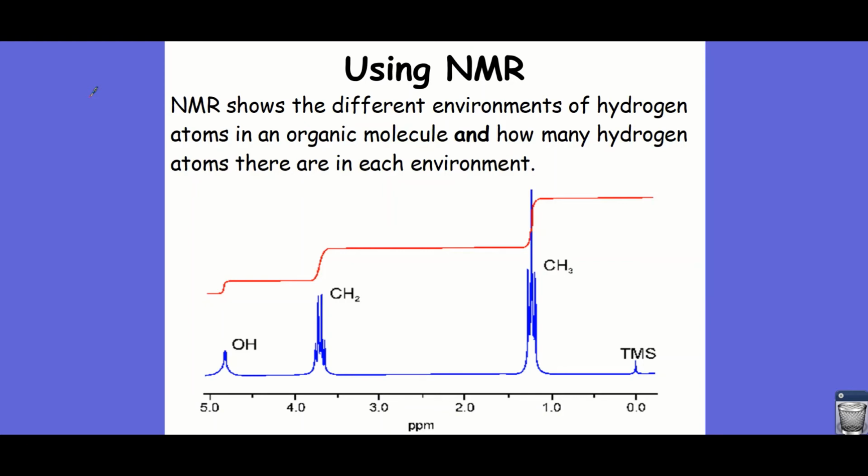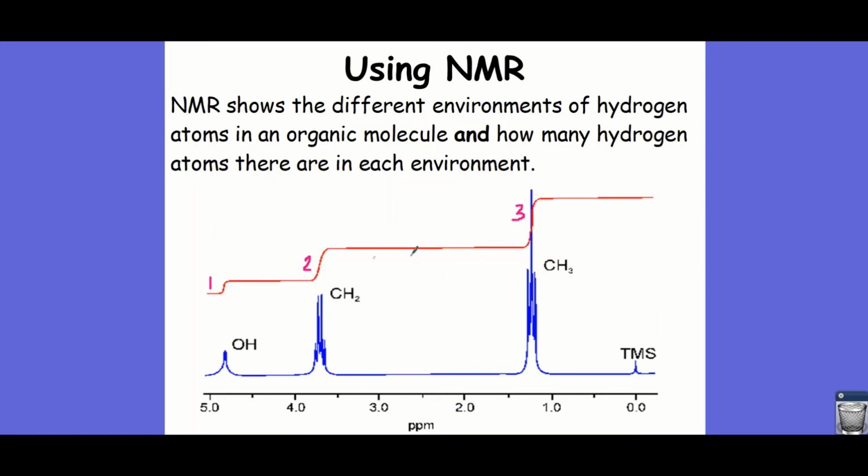So if you have a look here, we have hydroxyl, which obviously contains one hydrogen atom, and there's quite a short peak here. CH2, which contains 2, has a longer peak, and then CH3, which obviously contains 3, is much larger. So the more hydrogen atoms that are present in a specific peak or a specific region, the taller the peak will be, and you can simply measure that with a ruler.